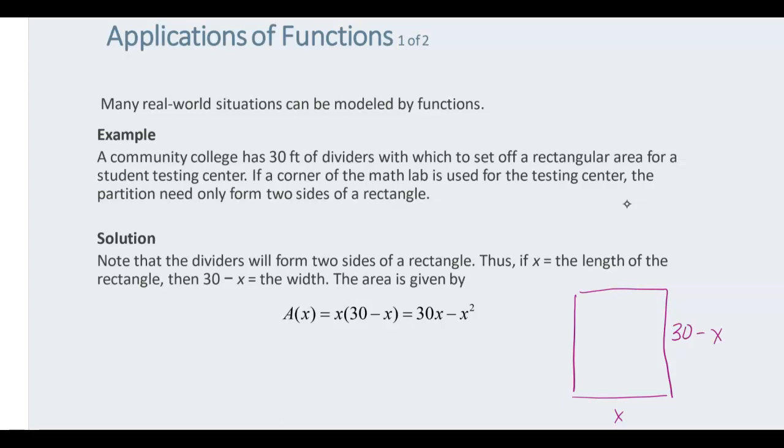It's not stated in this, oh it is, this is a corner of the math lab. So the other two sides, this side and this side, are walls, so we don't need to put any dividers there. We're just putting them on the outside. So if I add these two purple sides together, I'm going to get a total of 30 feet. Now we know that the area would be to multiply these two together, and we get this nice function here, 30x minus x squared.